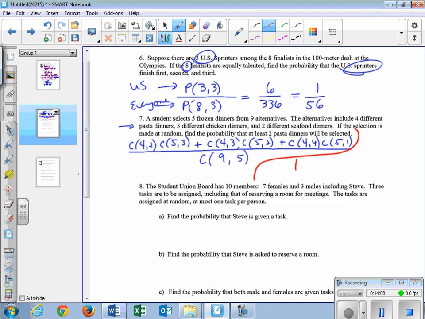I could do 1 minus combination of non-pasta dinners, or I could have combination 1 pasta dinner and then 4 non-pasta, all divided by, notice the division line only goes underneath the second part, combination 9 choose 5. So that right there is combination 5 choose 4.